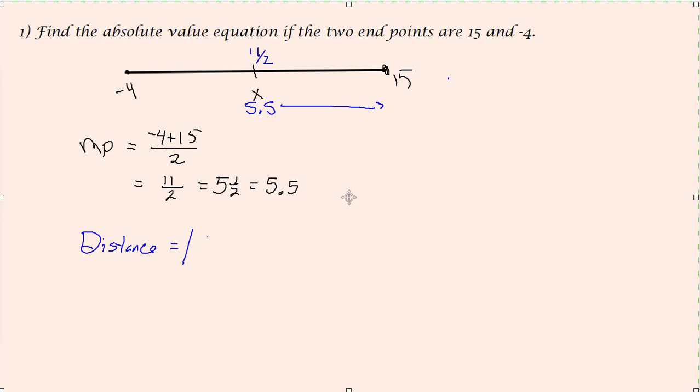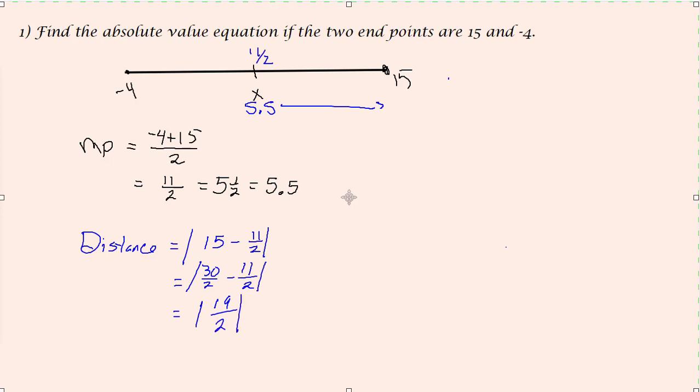I'm going to take one of the ends, the easiest end: 15 minus 11 halves is equal to my distance. I need a common denominator, so 15 over 2 is 30 over 2, minus 11 halves, which is 19 over 2.